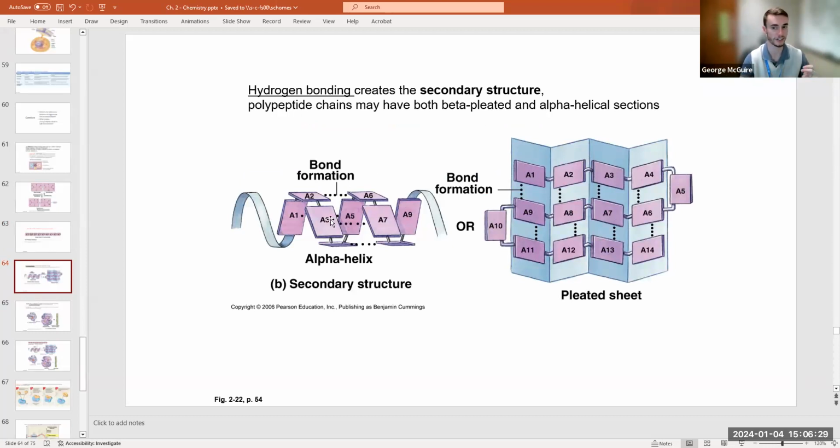And so secondary structure is either an alpha helix or a beta sheet. But again, it's just starting to give the protein some shape. Still in this secondary structure, this protein is not yet mature and in the form it needs to be to perform its function, to perform what it was designed to do, but is now starting to get some shape. Again, these are hydrogen bonds, those magnetic interactions, creating our secondary structure.